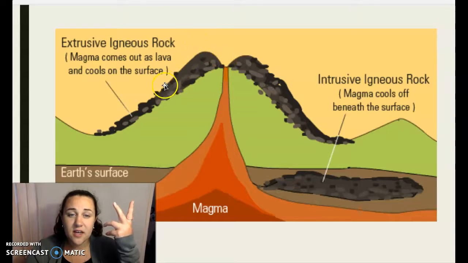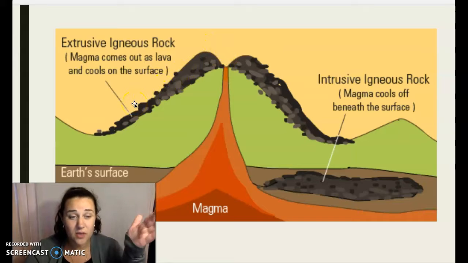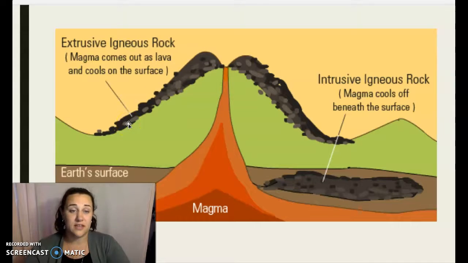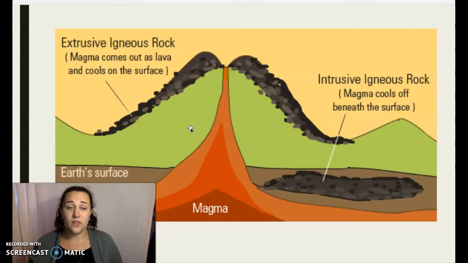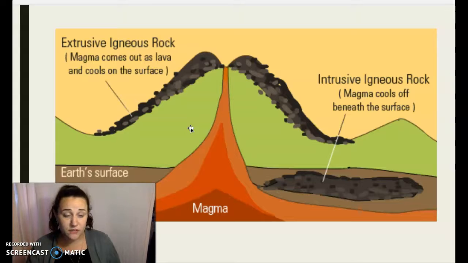And as the lava comes down, it eventually cools down and becomes a rock, and that would be an extrusive igneous rock. So either way, our igneous rocks are called the cool down rocks because whether it's magma below the Earth's surface or lava above the Earth's surface, it has to cool down because it was once extremely hot.